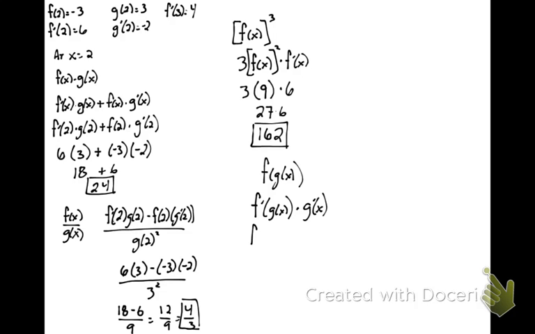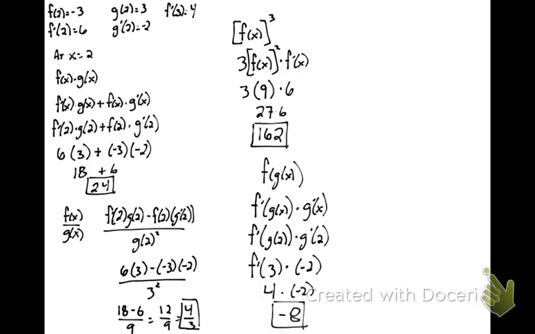So we've got f prime of g of 2 times g prime of 2, because 2 is still where we're looking. g of 2 is 3, so we have f prime of 3 times g prime of 2, which is negative 2, and f prime of 3 is 4. 4 times negative 2 is negative 8. So a lot of different examples involving the chain rule.